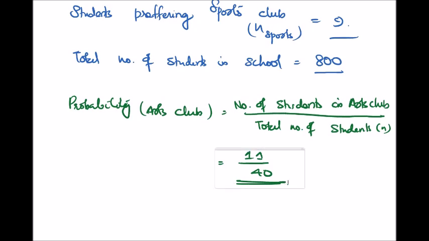Now we need to find the estimated total school sports students. For that, we need to find the probability of sports students.